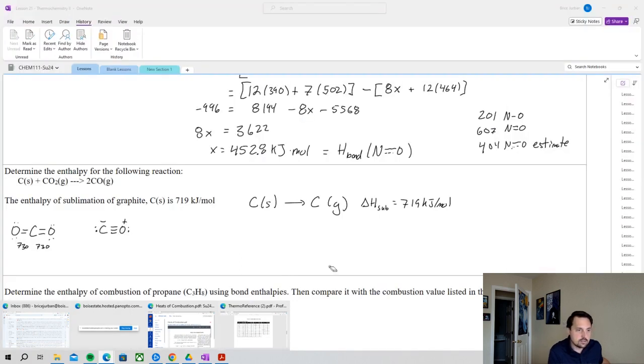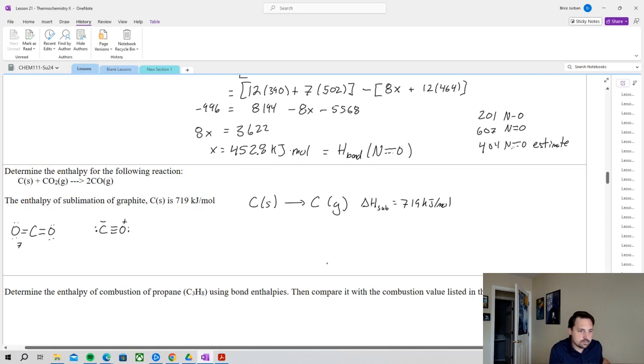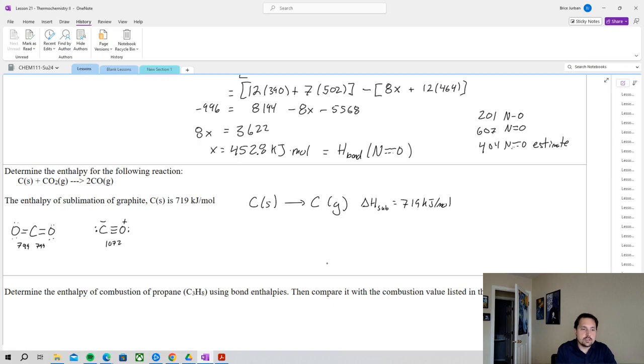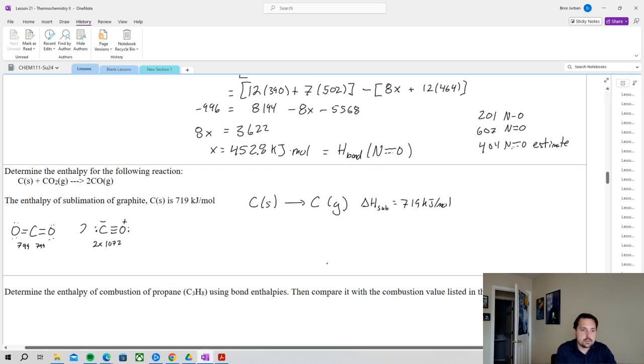So let's use that value. Okay. So we'll need to add that amount of energy to break those two bonds, and then this is the amount of energy that we get when we form a CO bond. And we'll form two of them. There's two of those. Okay.